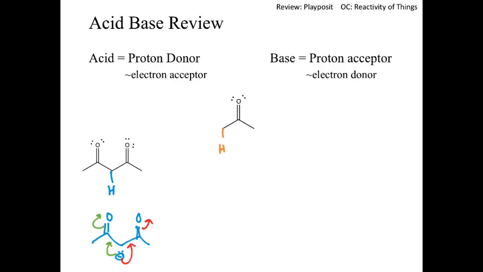Okay? So we have to remember these layers that go with it. In OChem 1, there was one answer: this is the acidic hydrogen. OChem 2, there are 6 hydrogens. You have to decide which one's the most acidic. How do you know which one's the most acidic? Charge, size, electronegativity, resonance, and induction.